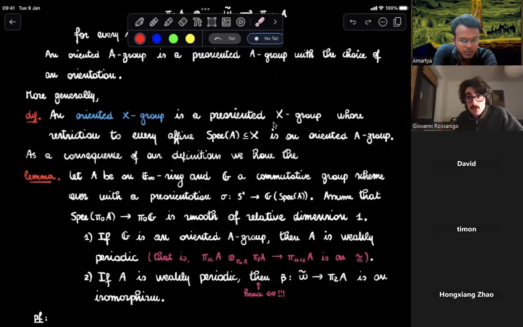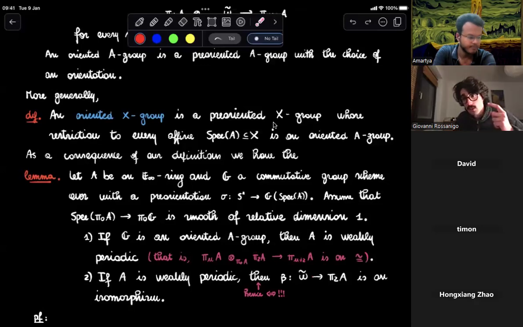So we know one direction. Whenever we have oriented A groups, we know that the cohomology theory that we want to use has to be weakly periodic. And if we have a weakly periodic cohomology theory, then one can construct a map beta, which goes from the global section of the pullback of the sheaf of Kähler differentials to pi 2, and this map is an isomorphism.